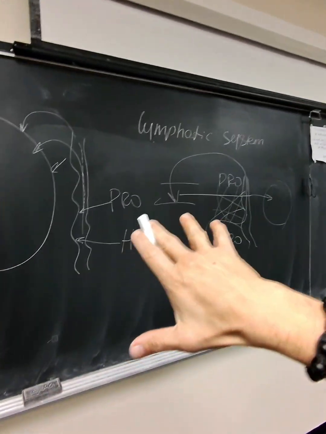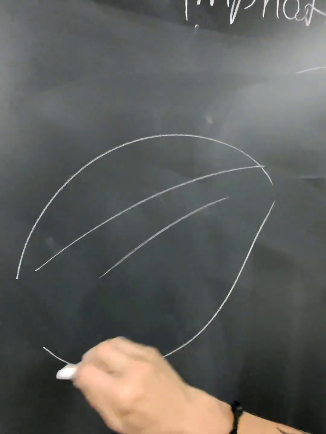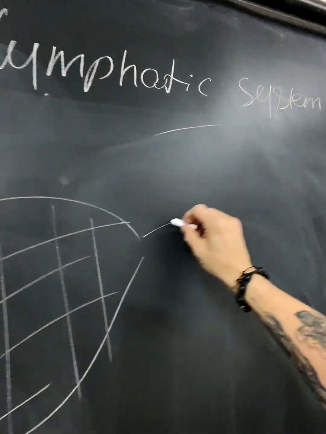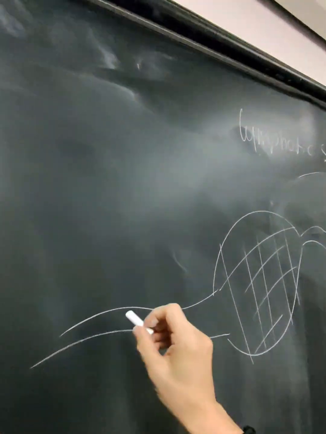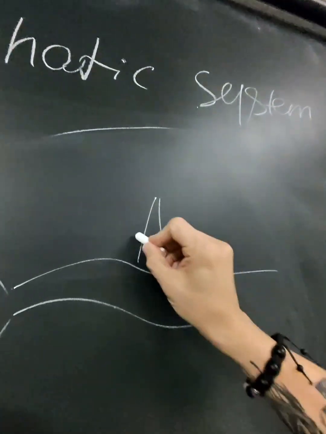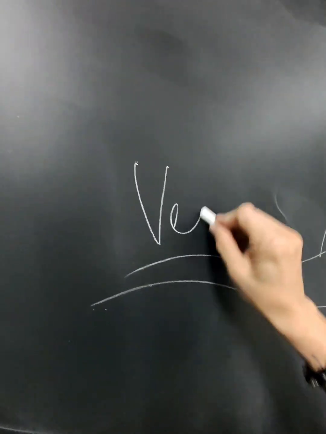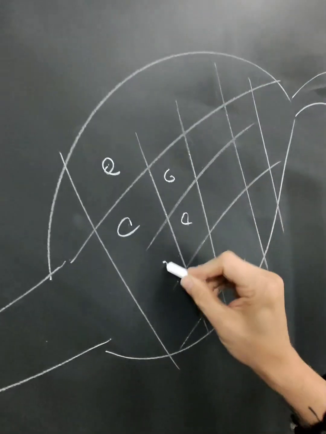So now that you know the big picture, let's look at small details. So here, this represents capillaries, right? Here, let's say, are arterioles, and these are venules. And cells are here, right?